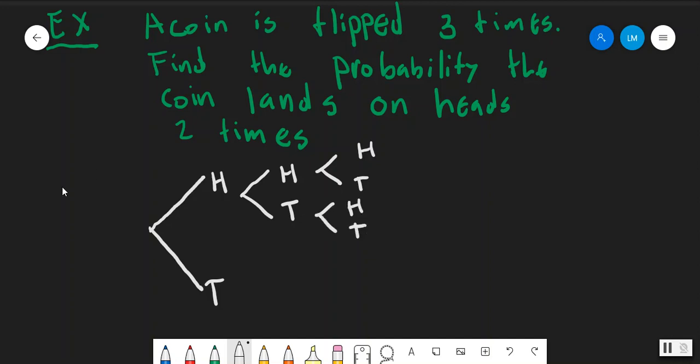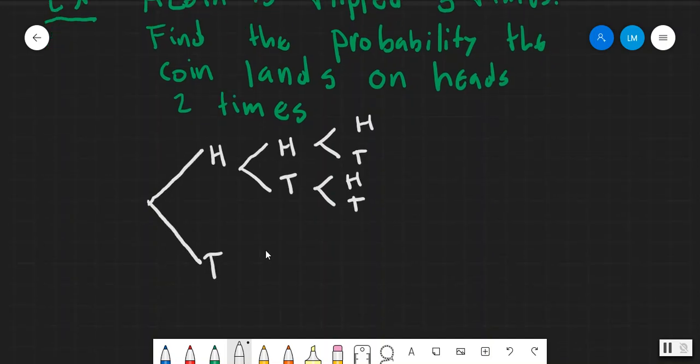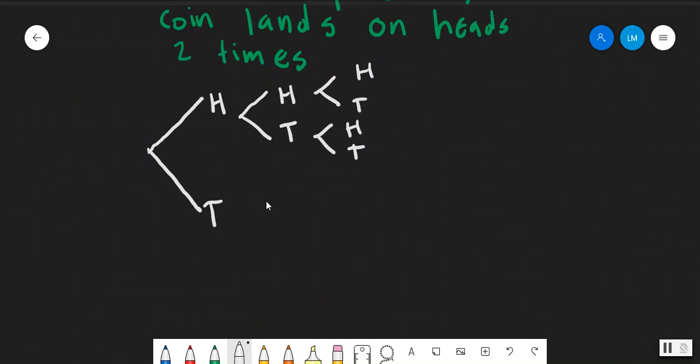So that gives us the first toss, second, third. But I can furthermore figure out what if the first toss was tails, followed by heads, tails, and so on. So we do the same exact thing where we have tails, heads, heads, and then tails, heads, tails, and finally the last tree branch will be heads and tails.